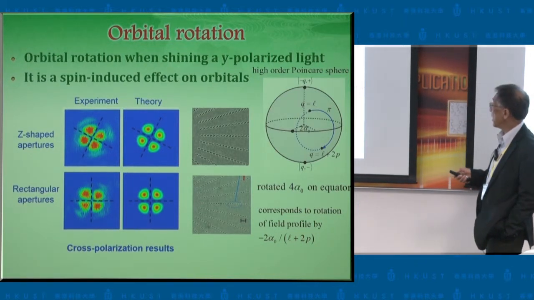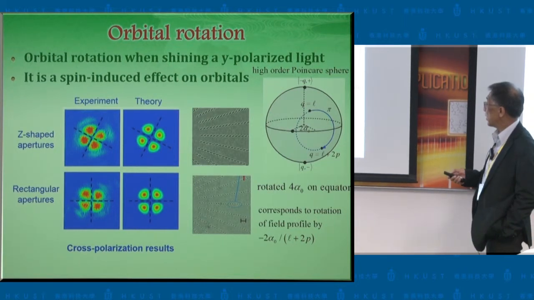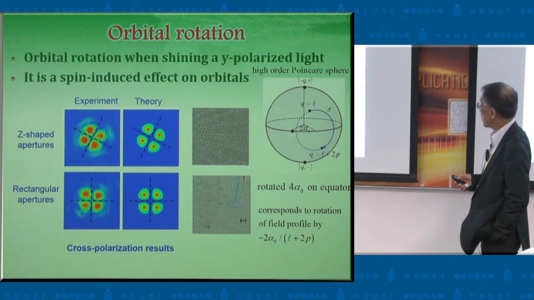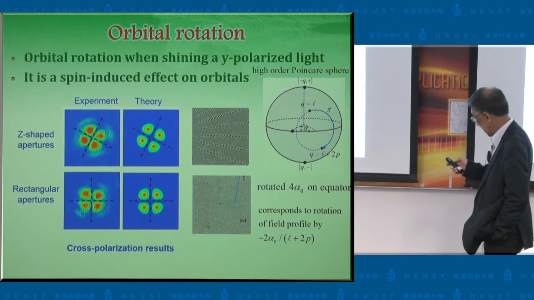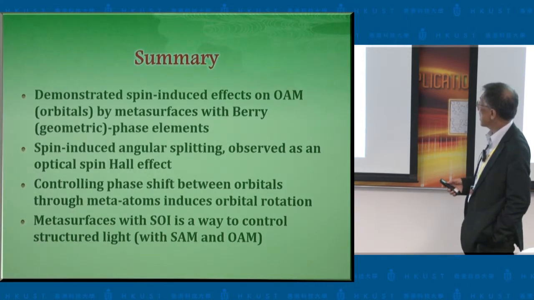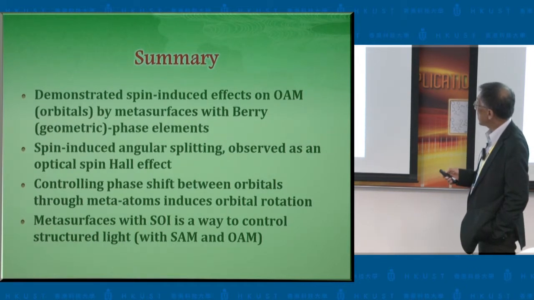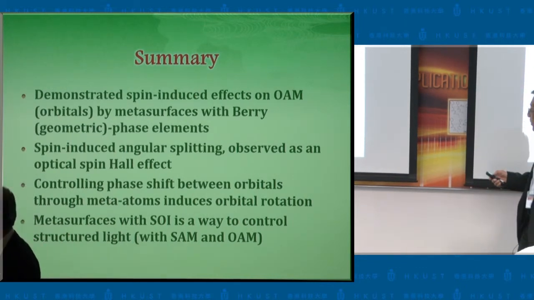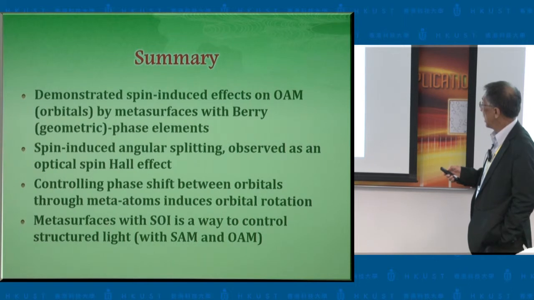But we haven't actually investigated further in that direction. Right now we are much more focused on looking into the fundamental aspect of that. So, summarizing, by designing Berry phase elements as a metal surface, we can show that we can in fact do spin-orbit coupling as designed.